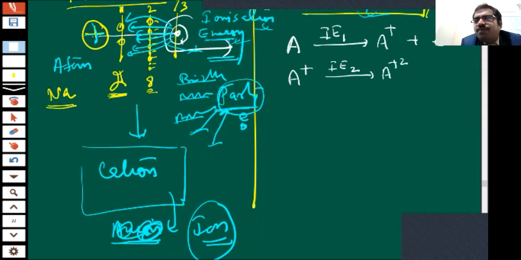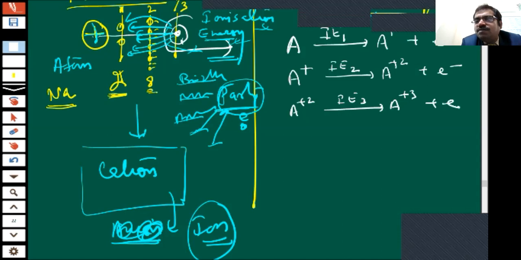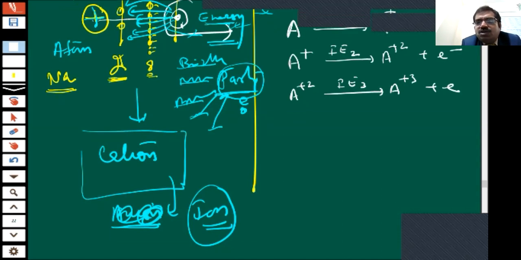Now it will become +2. If you want to remove more, you provide IE3, then it will become 3 positively charged. This is known as successive ionization energy.